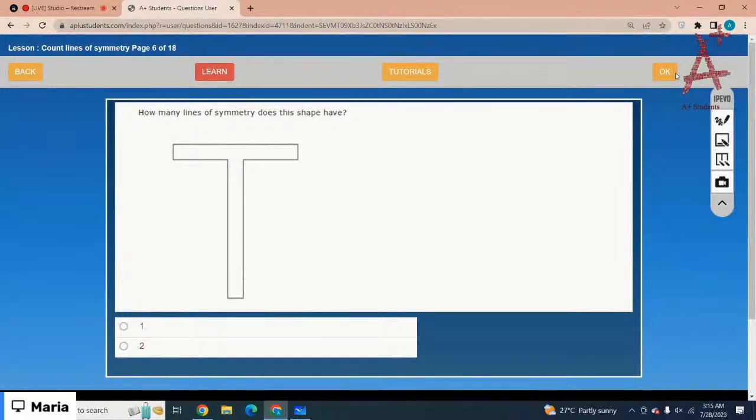Which is the correct option? The correct option is only one line of symmetry.